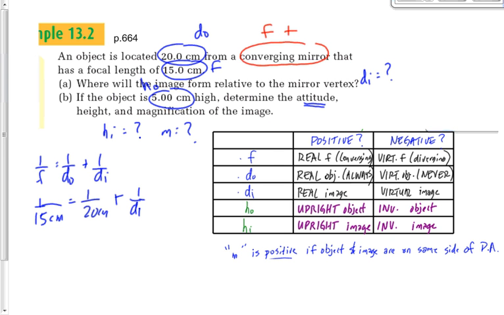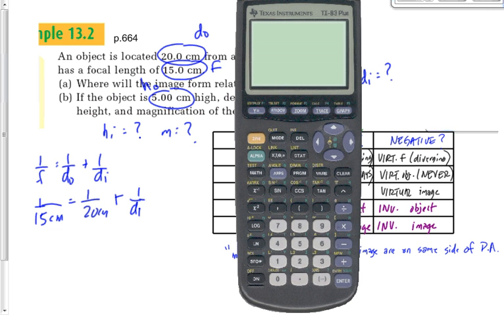But I'm going to give you a little cheat as well. I use that term loosely because you're not really cheating. Take your calculator and do this. 15 x to the minus 1. That's 1 over 15. But you got to take the 1 over 20 over by subtracting. So let's say subtract 20 x to the minus 1. 1 over 15 minus 1 over 20 gives me 0.1667.